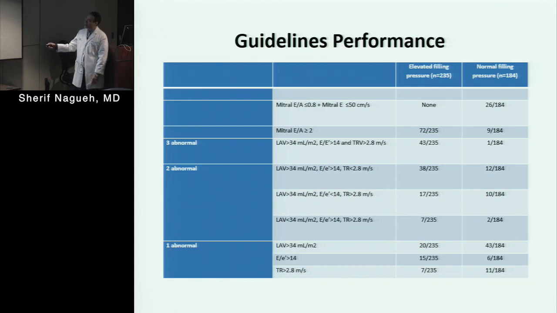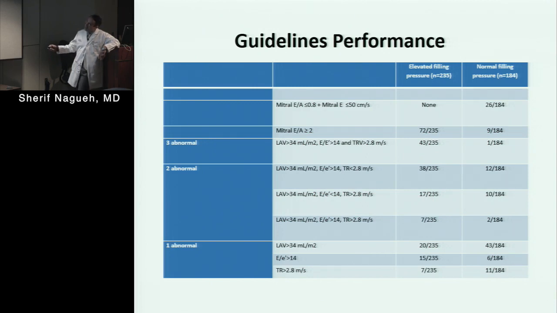None of the patients with elevated filling pressures had this finding. So in other words, if you're looking at an echocardiogram in someone with diastolic dysfunction, and you have an E to A ratio less than 0.8 and a mitral E of, say, 40 centimeters per second, the odds are very high their LAP is normal. How about mitral E to A ratio 2 or above? That's the restrictive filling.